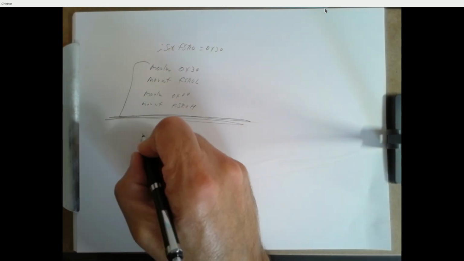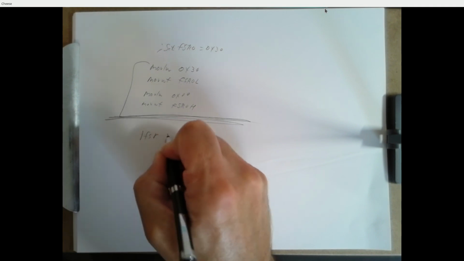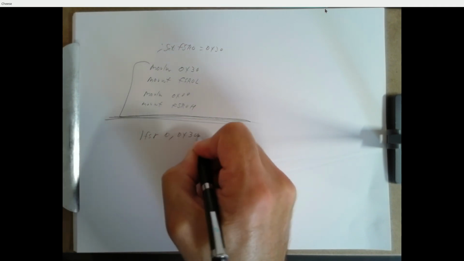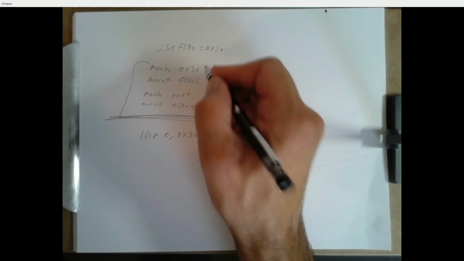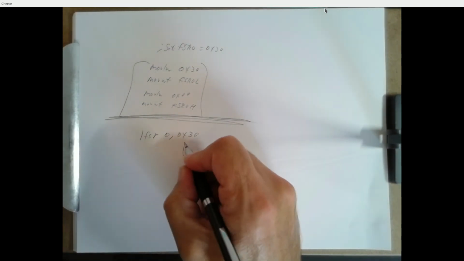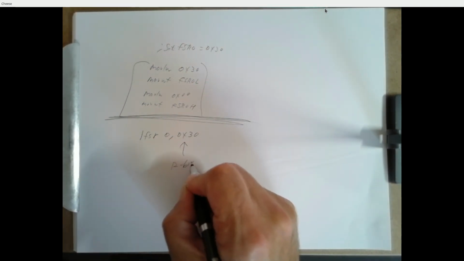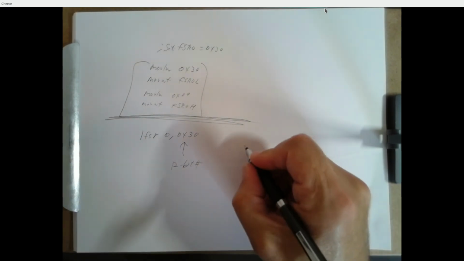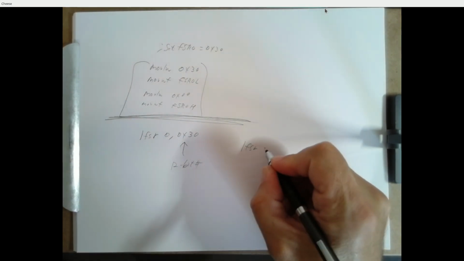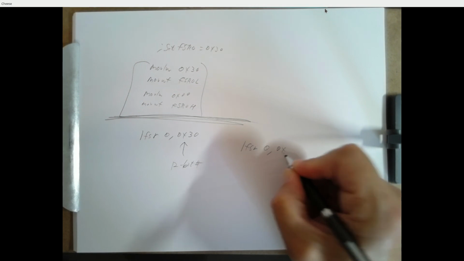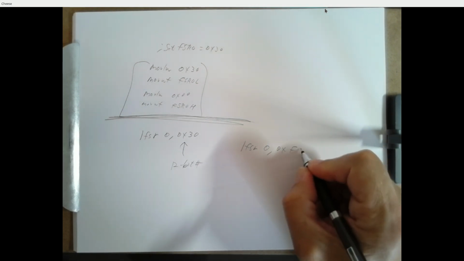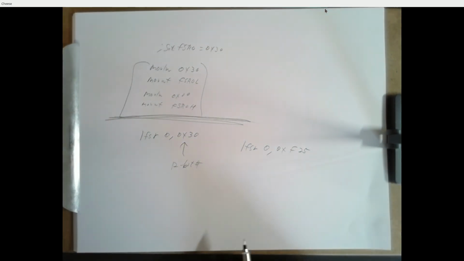But we do this enough that there's a separate instruction which lets us do this more succinctly, and it would look like this. Load file select register 0, 0x30. And that basically does this. And this can be a 12-bit number. So this is perfectly legal. Load file select register 0, 0xF25.